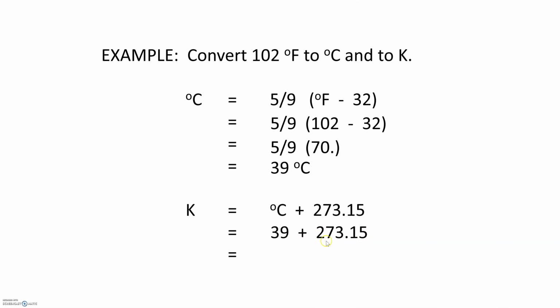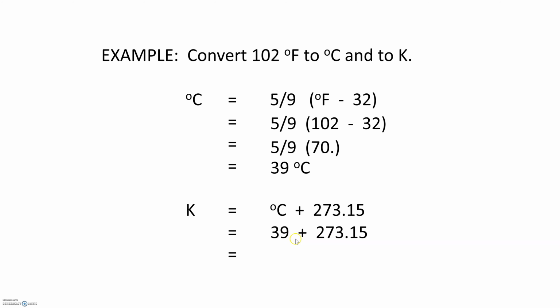Over here in our 273.15, there is no last significant digit. Remember, this has an infinite number of significant digits. It would have really a whole bunch of zeros written all the way after it. So it's not going to limit us in any way. It clearly isn't going to have the biggest power of 10 where that last significant digit is. So this number, our 39, is going to limit us.